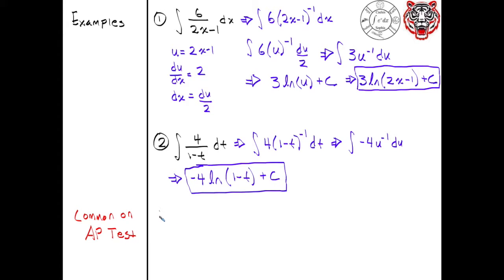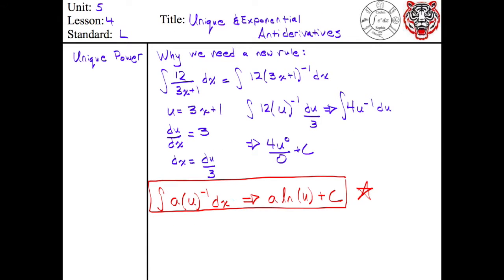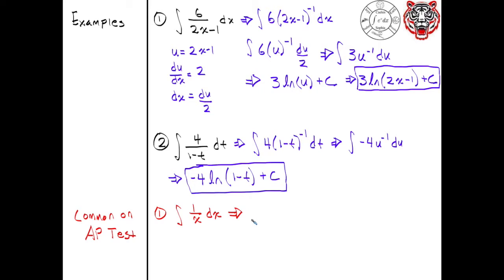One, the integral of 1 over x dx. You should know that that will immediately go to x to the negative 1, which is similar to the form that we talked about over here, something to the negative 1, and I'm taking the integral of that. So you automatically say that is the natural log of x. You should just memorize this thing. The integral of 1 over x dx is the natural log of x plus c.